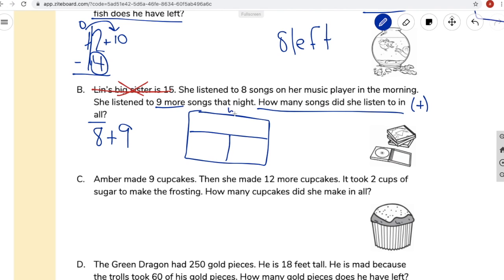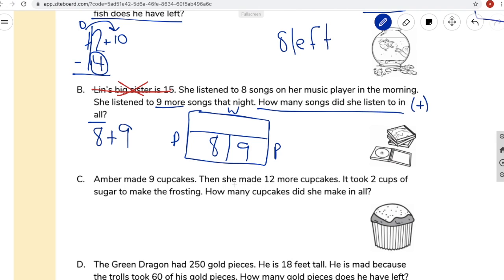And because we need to figure out how many she has in all, that tells me that we do not have our whole. We don't have our total because that's what we're trying to find out, which tells me that 8 and 9 are my parts, because it's telling me that I need to add when it says 9 more.